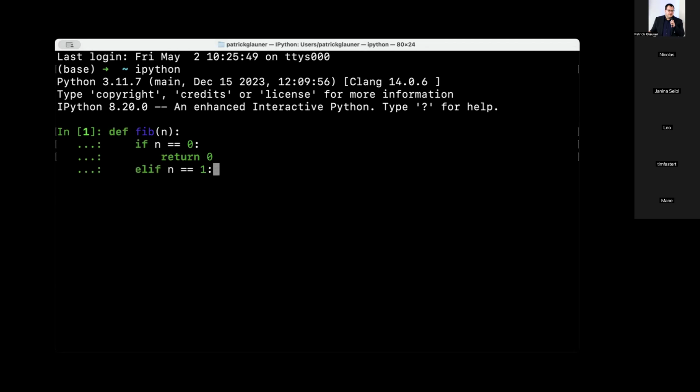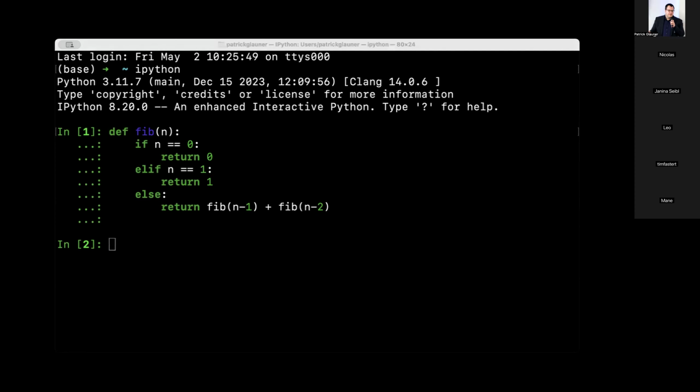When n is 1, we return 1. Otherwise, we return the Fibonacci of n minus 1 plus Fibonacci of n minus 2. And we saw running this for sufficiently large n, it will be super slow because we have this branching recursion. And we had put this LRU cache in front of it, trying to speed it up.